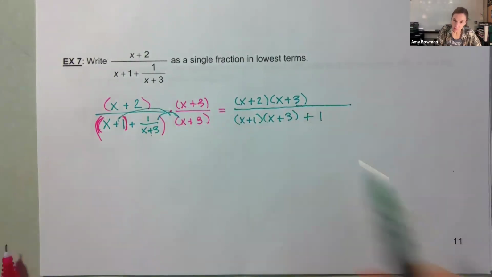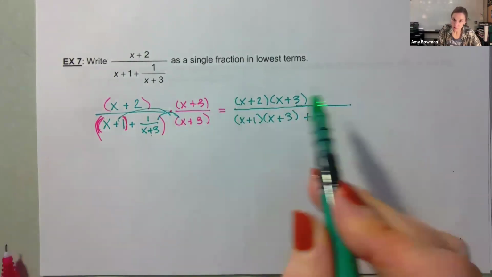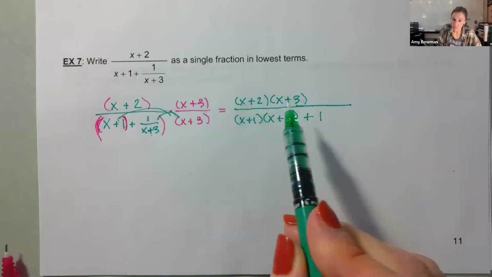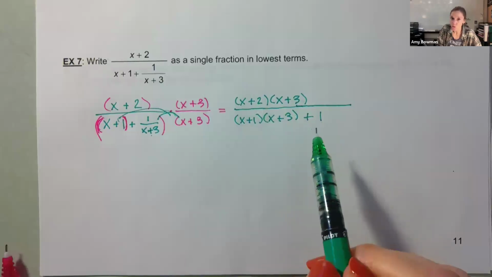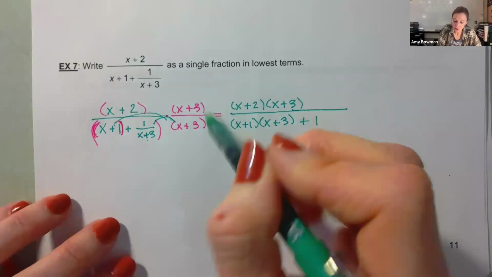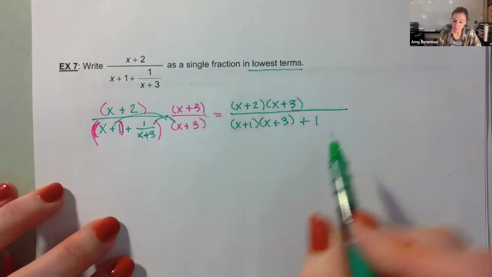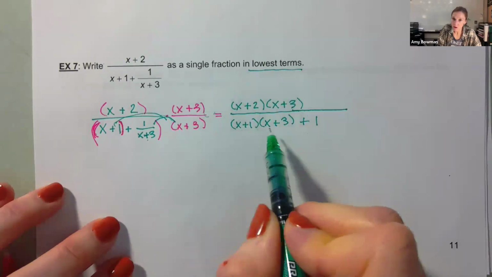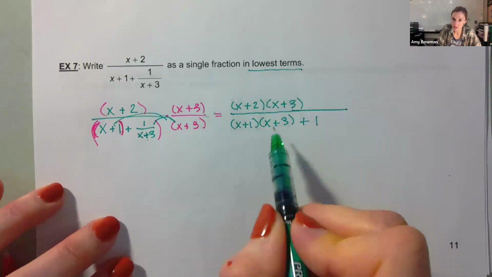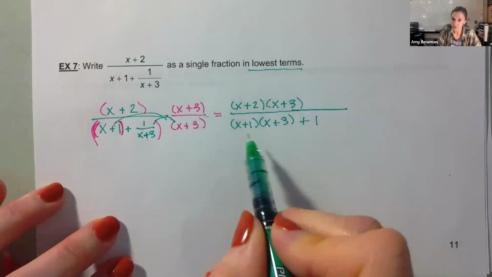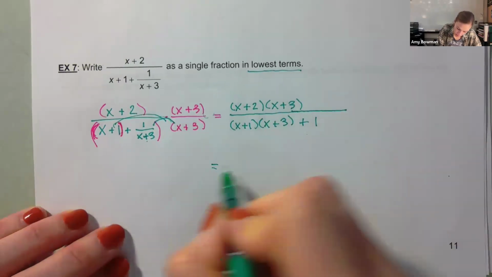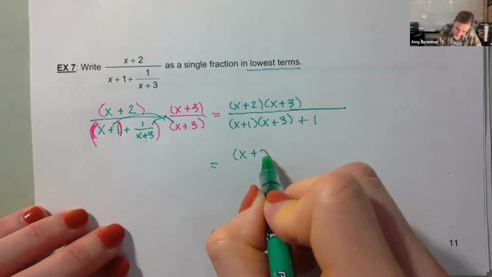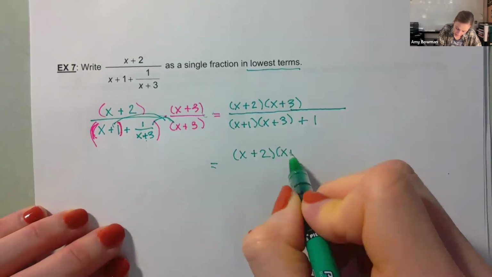So this looks a little funky right now because I have factored form in the numerator and partially factored in the denominator, and then there's this plus 1. In order to write this in lowest terms, we need to multiply this out, add the 1, and then see if we can refactor it once this 1 is added into however this multiplies out. So we will need to do a little bit of legwork to keep simplifying.